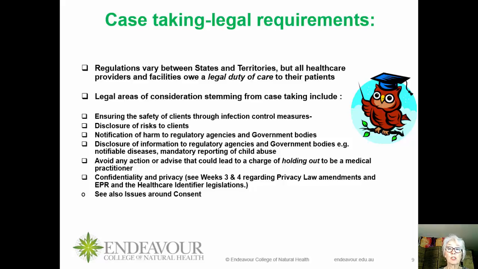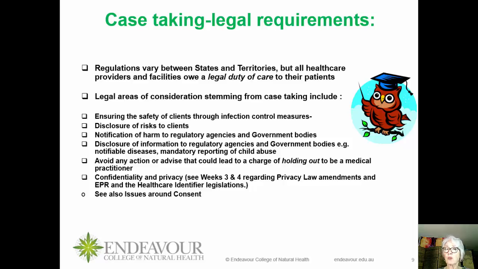Notification of harm to regulatory agencies and to government bodies. So if something goes wrong, you need to disclose that to regulatory bodies. Disclosure of information to regulatory agencies and government bodies, for example, for notifiable diseases, and mandatory reporting of child abuse. So if you notice and recognise that a client comes in with a notifiable disease, then it's in your interest.